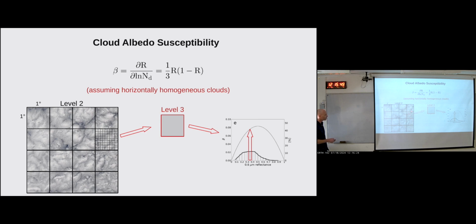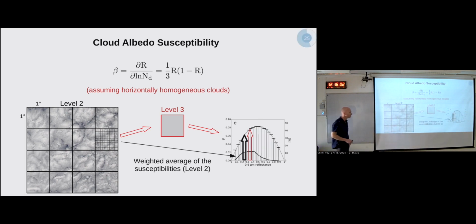Level 3 takes the scene mean, one value, and then we get from level 3, as all the studies do, one value, let's say 0.080 for this. But what we should do is take the weighted average. So we need to take the high resolution data and calculate the susceptibility for every bin of albedo, and then do the weighted average. And as I will show you, it's always lower than the one that all the studies report.